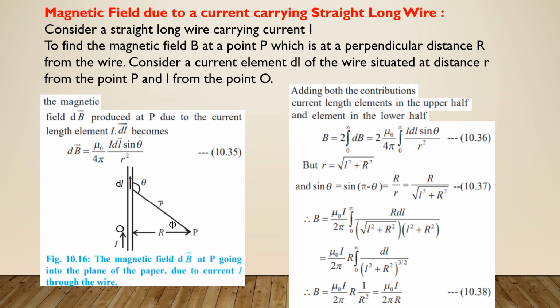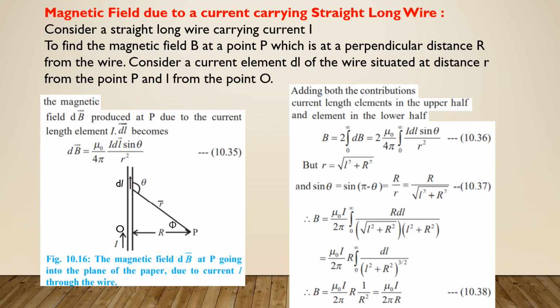From the geometry of the figure, r is equal to under root L square plus R square. Also, sin theta is equal to sine of pi minus theta is equal to R upon r, which in turn is equal to R upon under root L square plus R square.